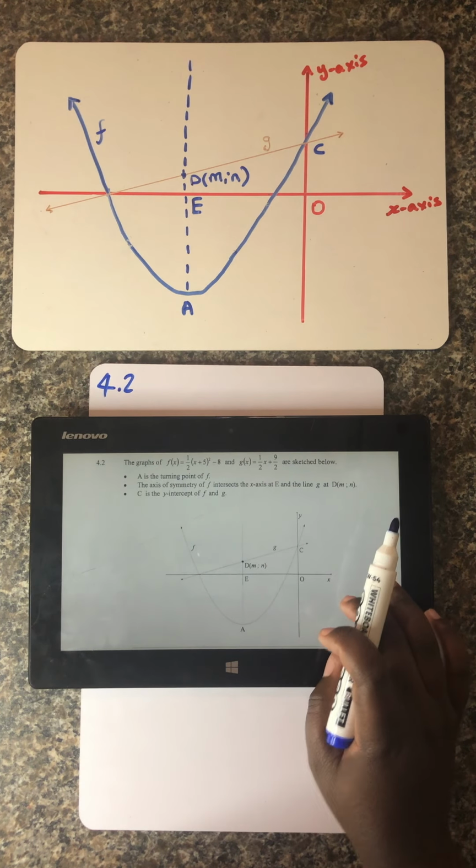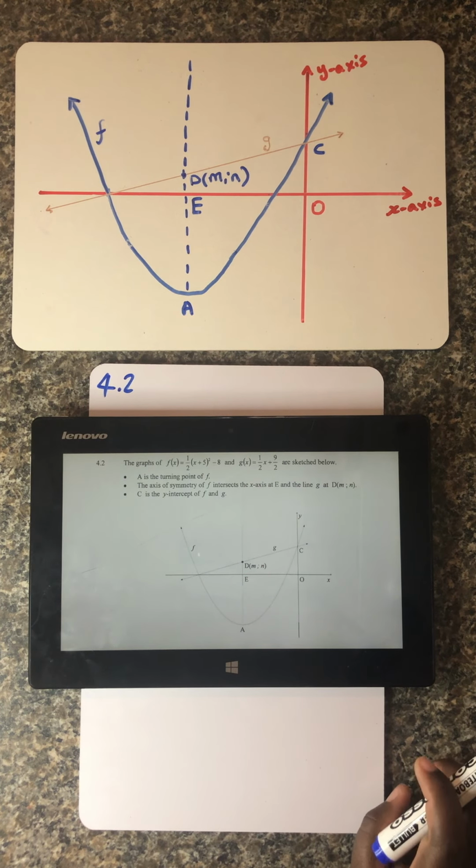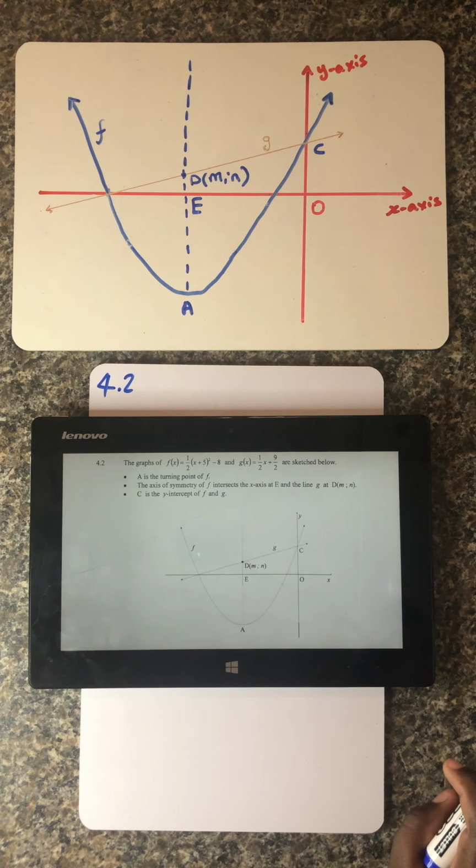But for today's lesson, we'll only be focusing on this question because I think it's one of those interesting questions and it has a lot of information that we can explore and learn a lot out of this lesson. So, guys, I've just read the given statement.